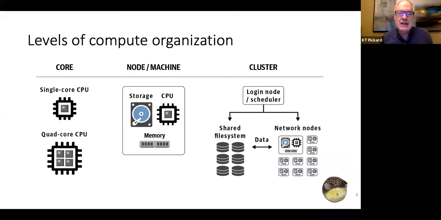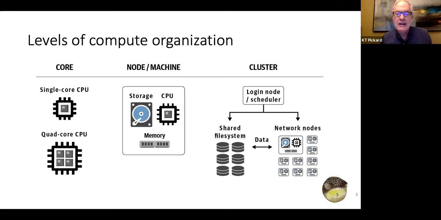So from there, let's build on those ideas and talk about how modern computing has evolved. This is moving up into cloud, but before we get there, some concepts. On the very far left, you'll see the concept of the core, with the single core CPU above and the quad core at the bottom.